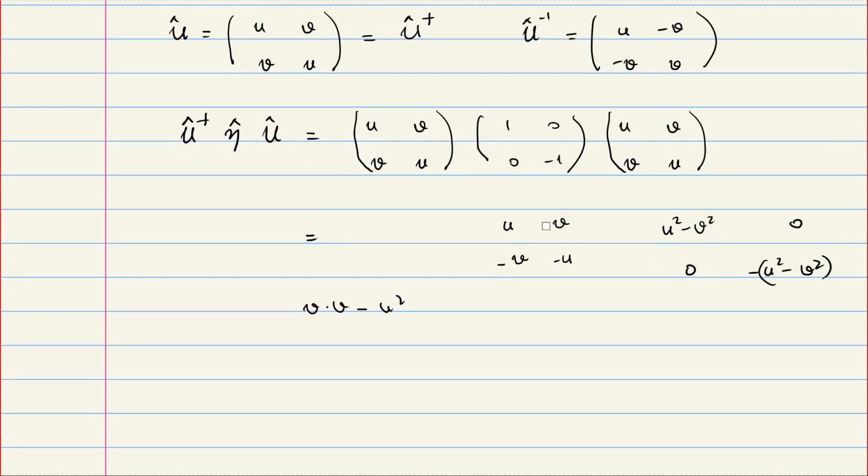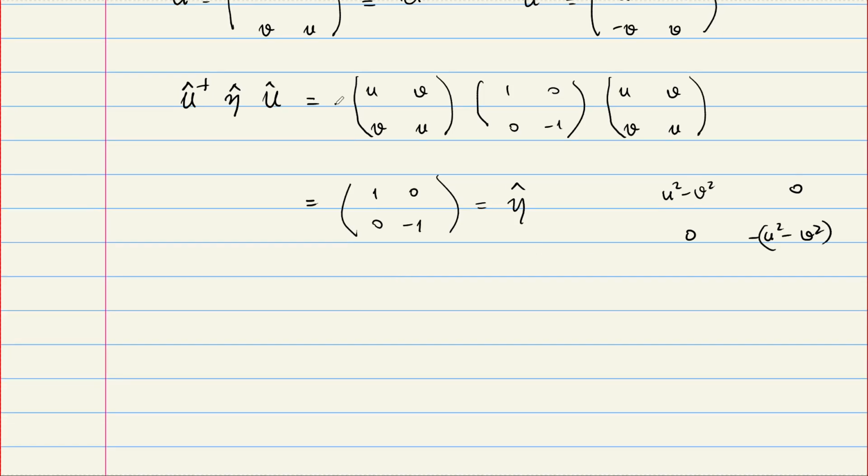Therefore, this thing gave us, now I can clean up, 1, 0, 0, minus 1, which is eta. Okay? So eta is invariant under this transformation. So this transformation preserves the metric, or sometimes if you are fancy, people call it symplectic, but I don't know that language much, so I don't really care.